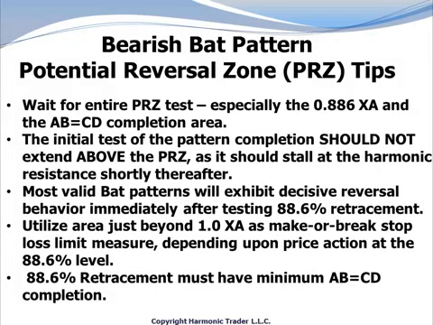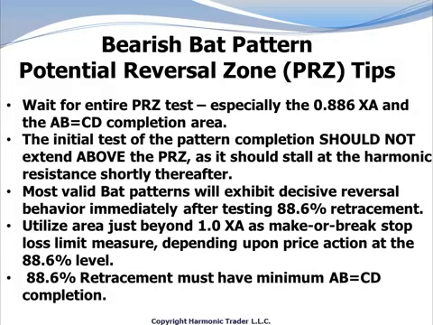Now, the initial test of the pattern completion should not extend above the PRZ, as it should stall at the harmonic resistance shortly thereafter, especially after hitting the 0.886. Most valid bat patterns will exhibit decisive reversal behavior immediately after testing that 0.886 retracement.